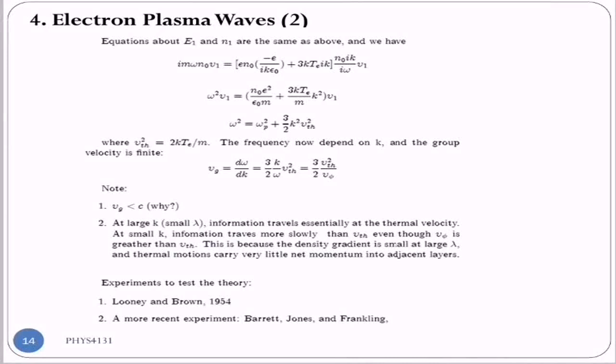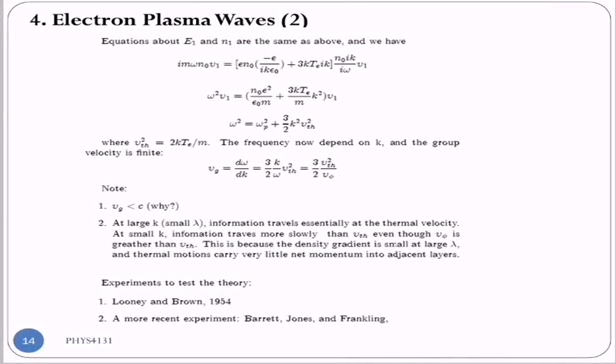Then we simplify this equation by taking common v_1. Then v_1 will cancel on both sides. Then we obtain the frequency omega square is equal to omega p square plus 3 by 2 k square v thermal square, where v thermal square is equal to 2 k T_e over m is the thermal velocity.